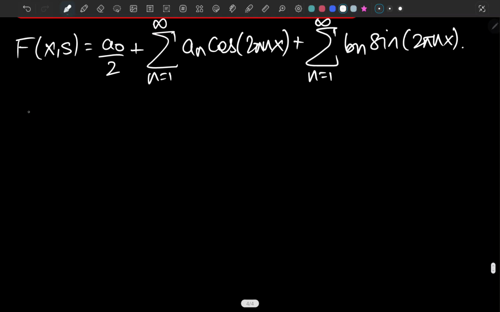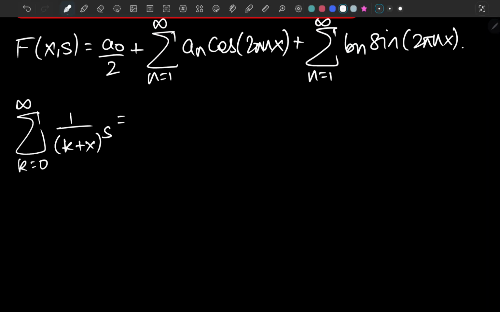And we know f of x comma s was the sum as k goes from 0 to infinity of 1 over (k plus x) to the s, and a naught was 0, and it equals this sum as n goes from 1 to infinity.